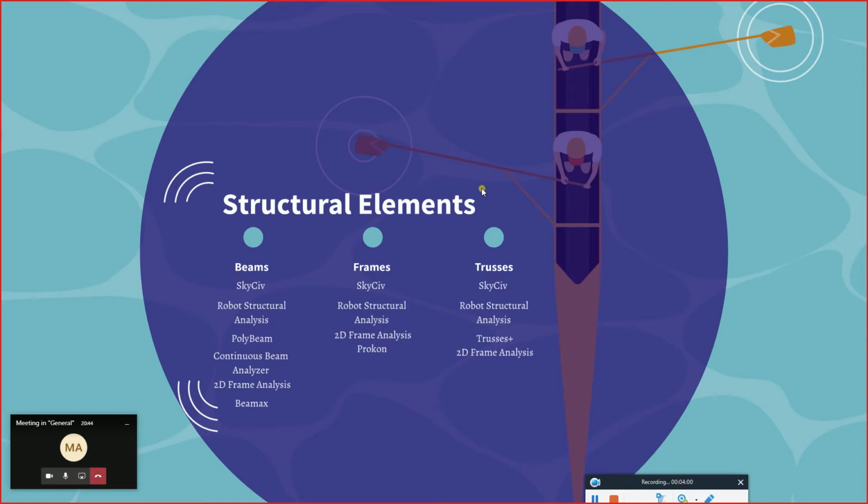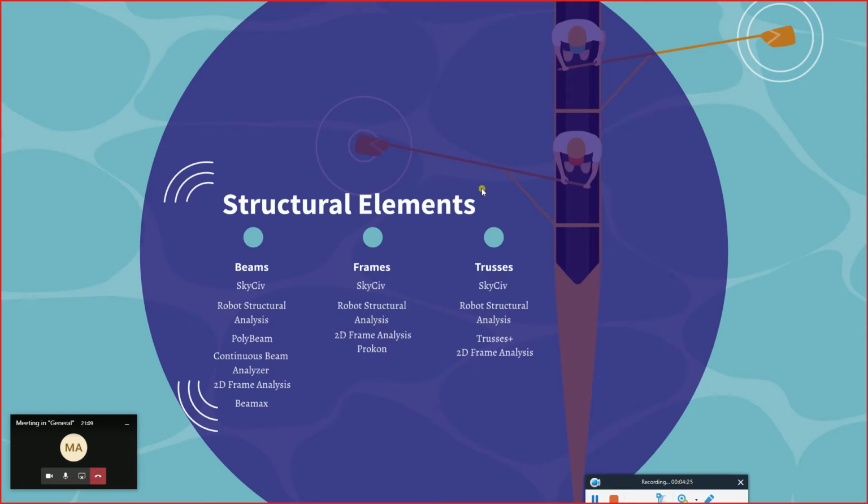I'm not going to spend a lot of time explaining the software. What I'm going to do is highlight what this software can do with one example only. Most of these software can be downloaded for free. Some of them have student accounts, some of them you can download as trial.